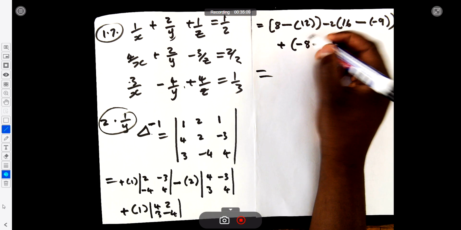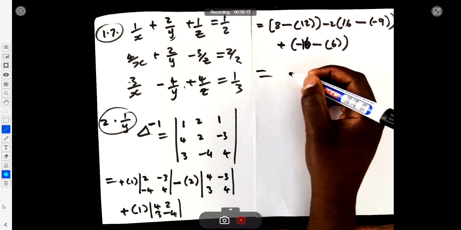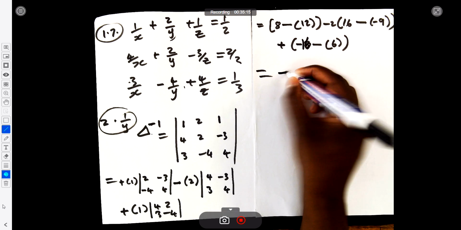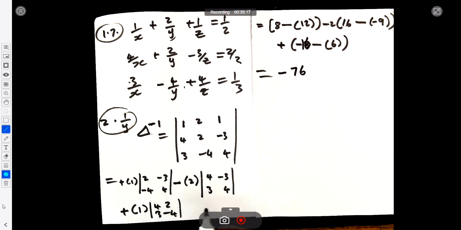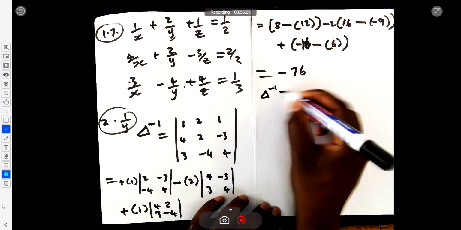Which one? Yeah, 16. Thank you. So I have 16 there. But the answer that we're getting, you got what? Negative 76. Not to waste time, you got negative 76. I saw your calculation. So therefore, that is delta, isn't it?